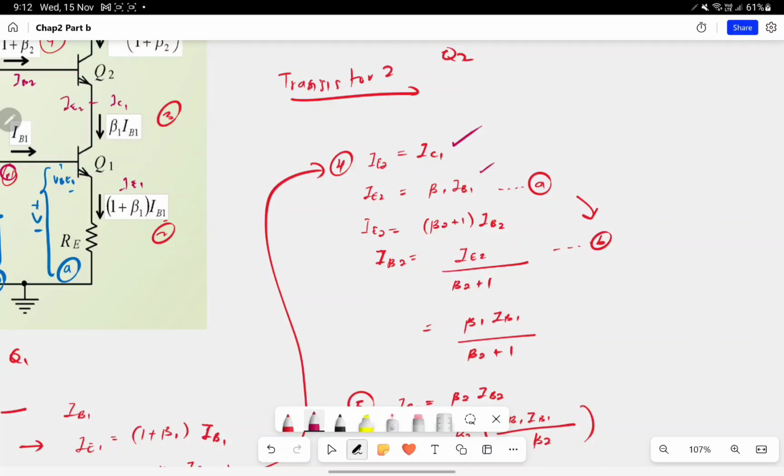First we need to rearrange the first equation. It becomes IB2 equals IE2 over (beta 2 plus 1). Then we replace IE2 with beta 1 IB1. Then we get a new equation for IB2.